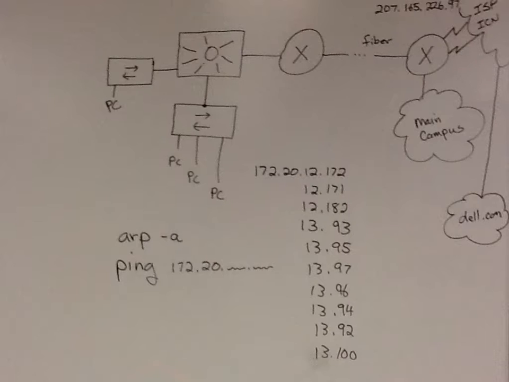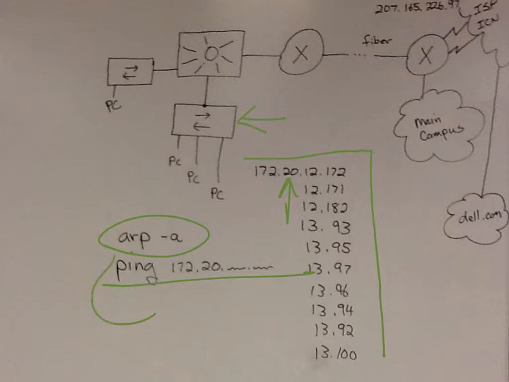Then we switched networks, and everybody got a 20 address. I switched networks here, and then we worked on arp -a. They would ping, and they would see how the ARP table would be updated with the relationship between IP and the MAC address, that physical address.